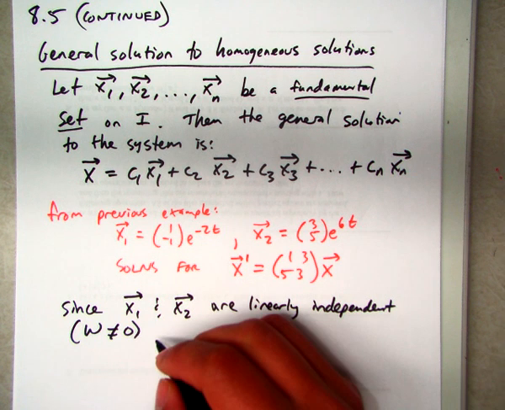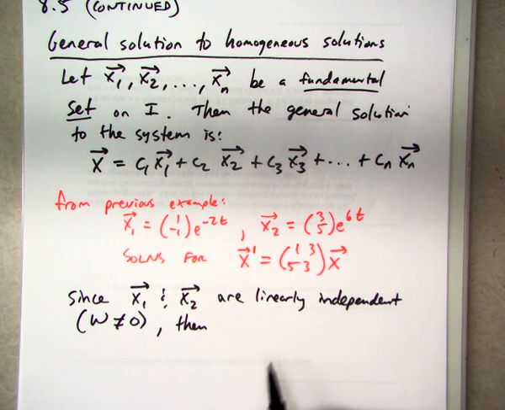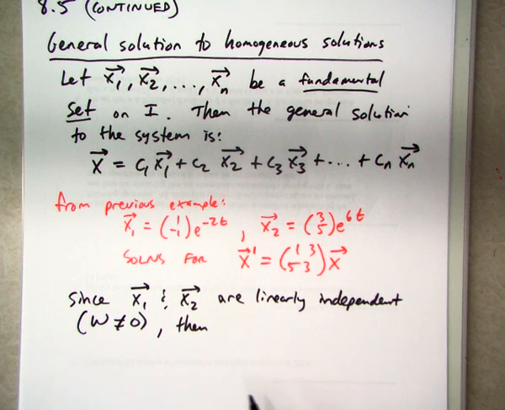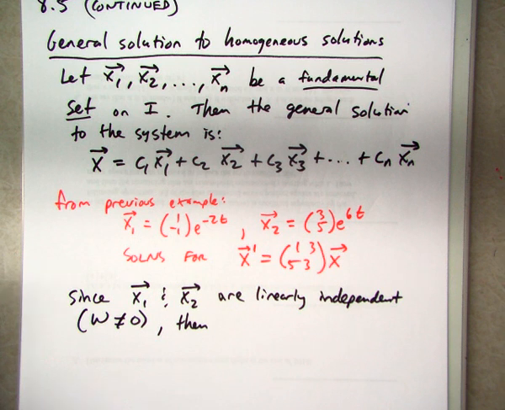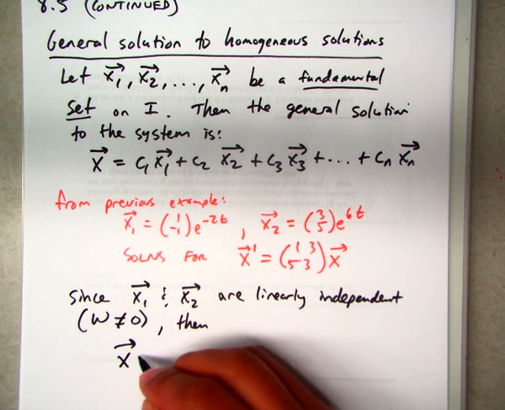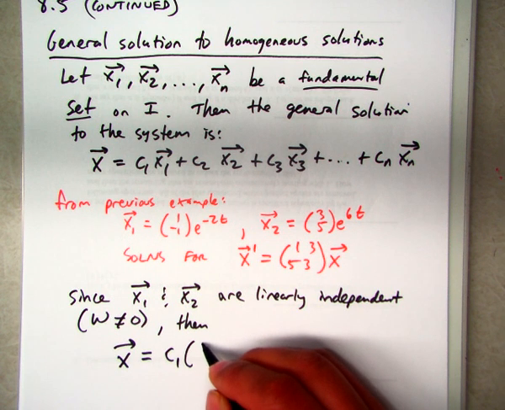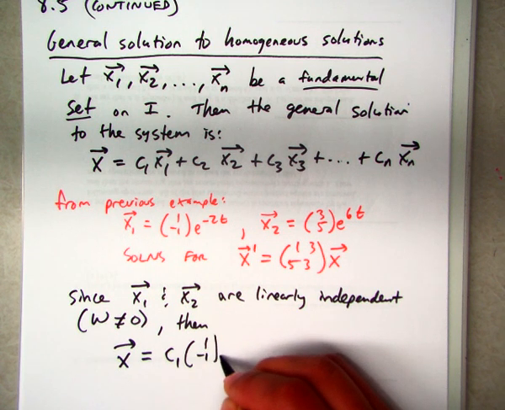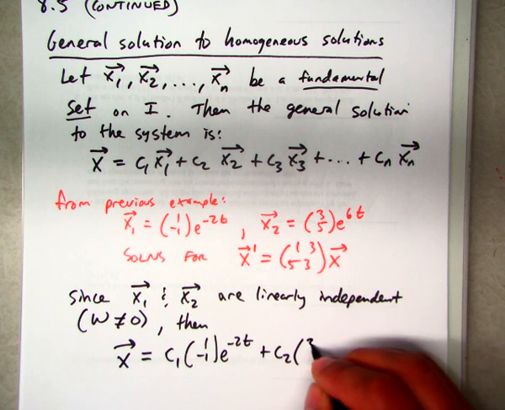Then we say that the general solution is x equal to c1 times (1, -1) e to the negative 2t plus c2 (3, 5) e to the 6t.